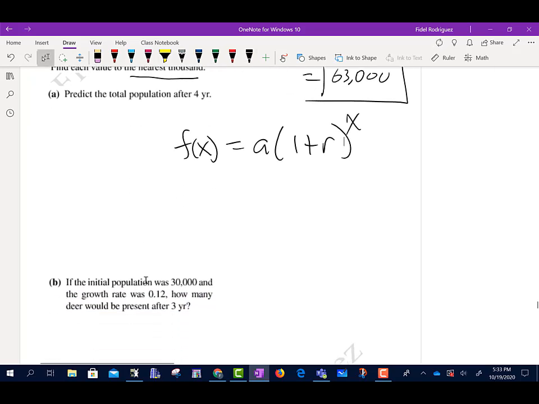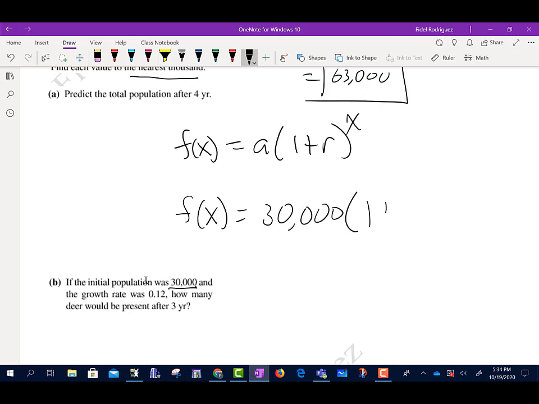Okay, so now they're telling me that the initial population was 30,000. So I'm going to say f of x equals 30,000 times 1 plus my growth rate factor 0.12 to the power of x, and we're going to look for the population after 3 years.